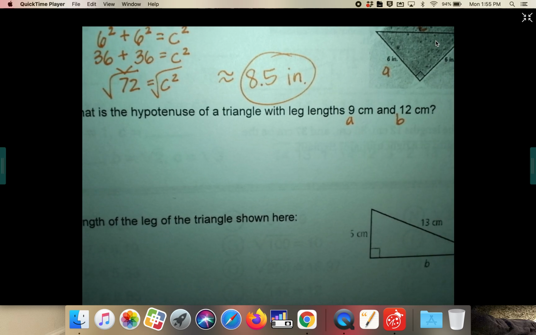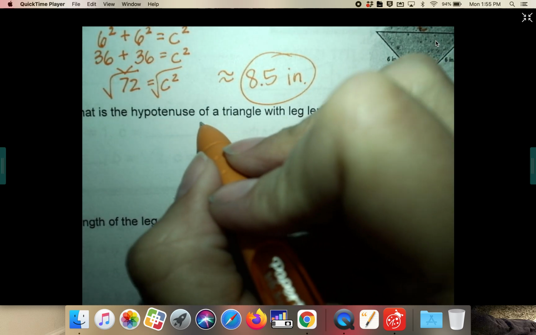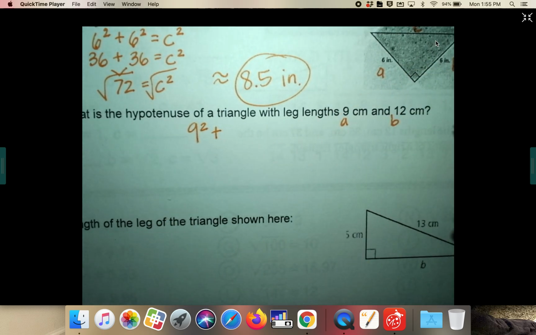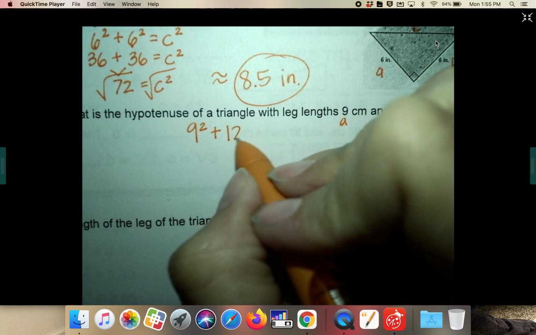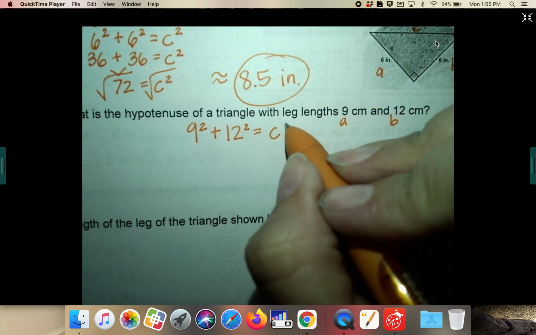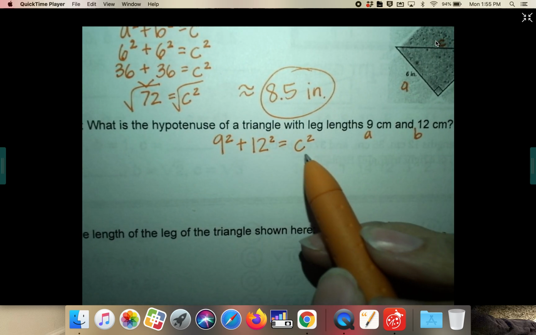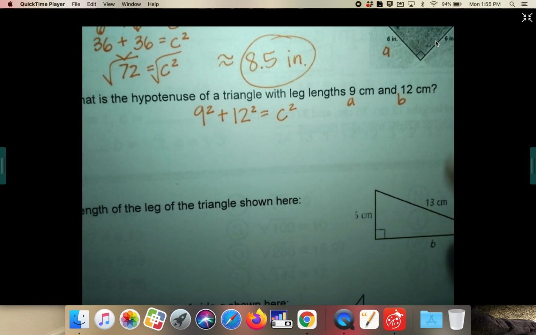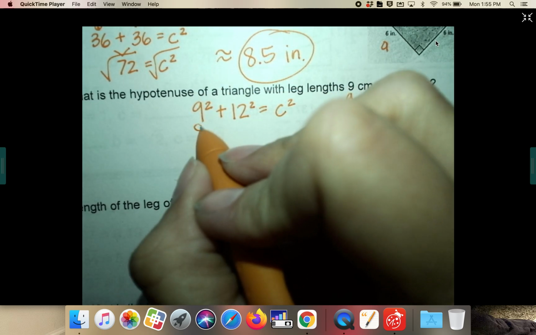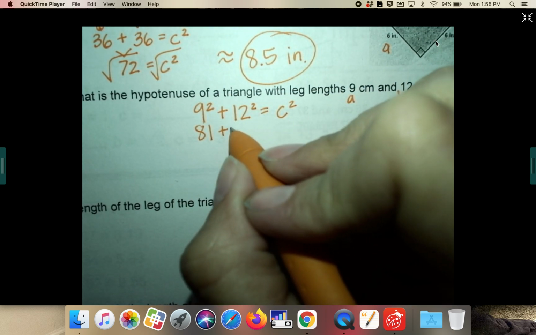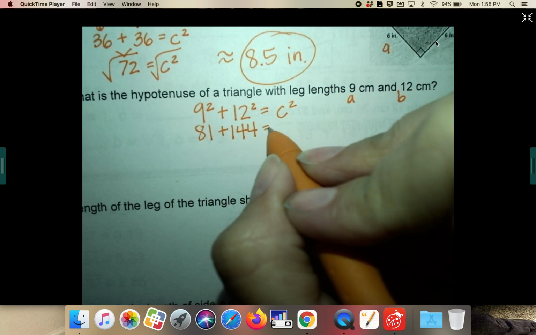All right, I'm just going to write it into our formula. If A is 9, I'm going to put 9 squared plus B is 12, 12 squared, equals, we don't know, we're trying to find the hypotenuse, so we're going to leave C. 9 squared is 81, 12 squared is 144.